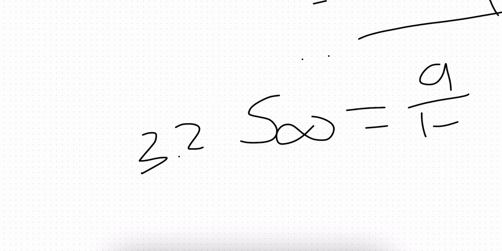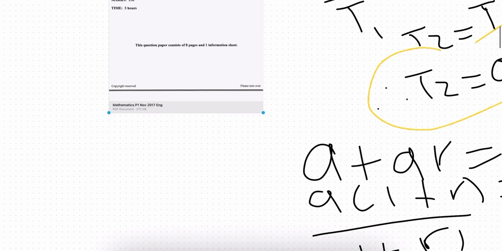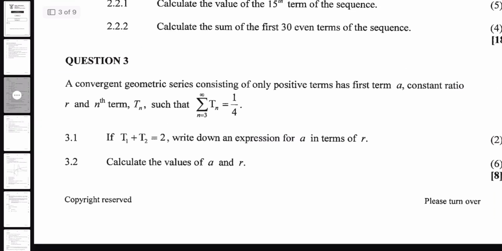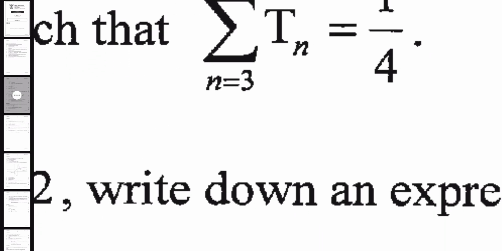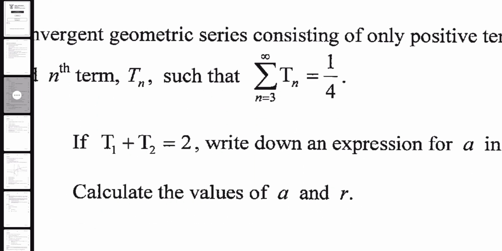But your sum to infinity in this case is term 1 plus term 2 plus the sum that they gave you, because they said starting from term 3, you see n is equal to 3 here, all the way to infinity, you get 4. But they didn't include term 1 and term 2. But your sum to infinity starts from the first term all the way to infinity.